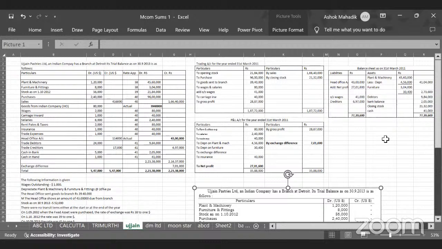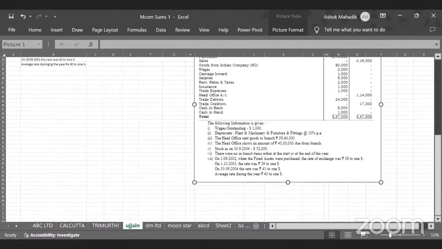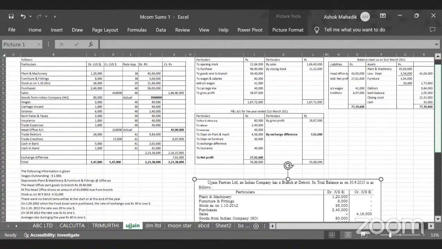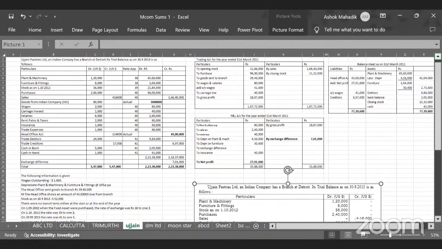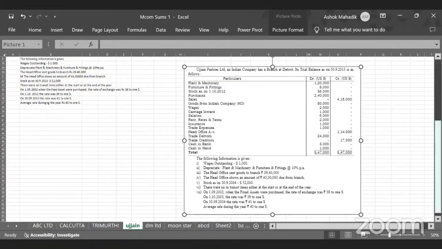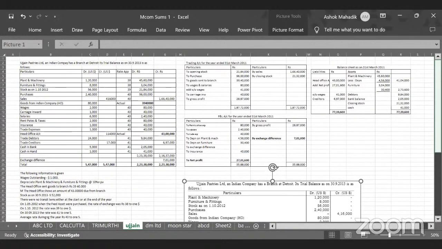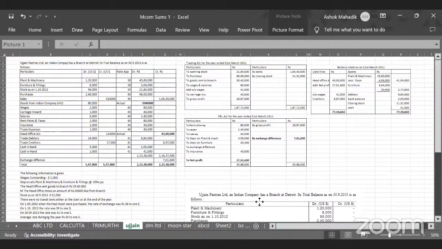Yeah, I think everything is on one page only. You can take a screenshot if you want.